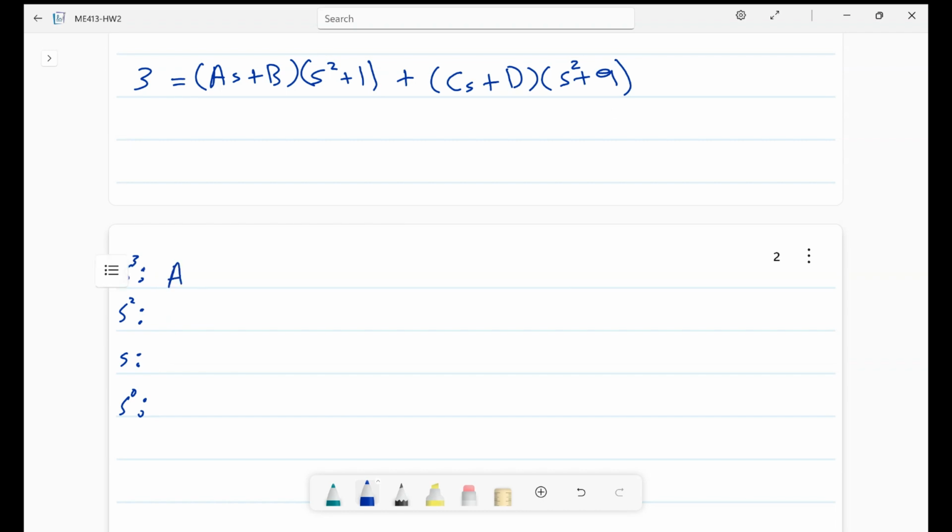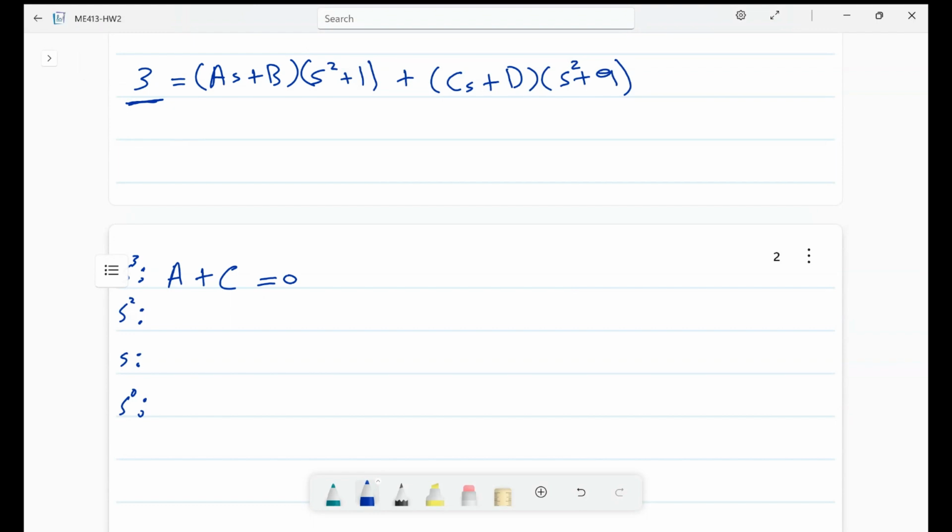We'll have A, because this part is multiplied by this one, and we will have C as well. So we will have A plus C, and for the left-hand side we don't have any s cubed, so we put it equal to 0.